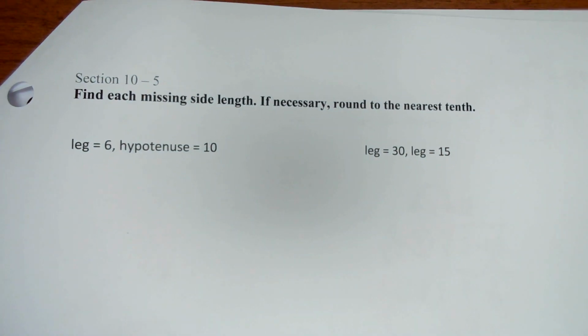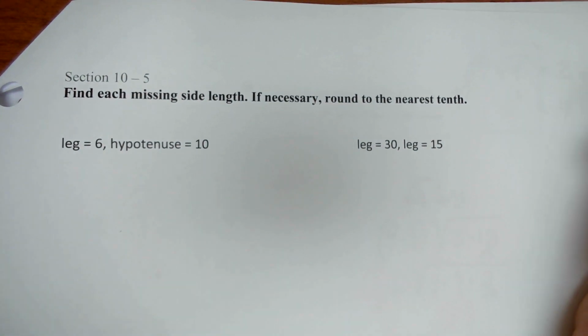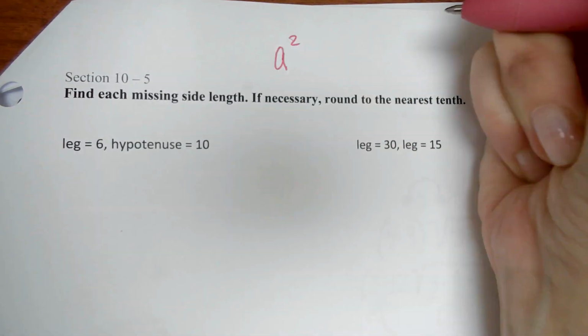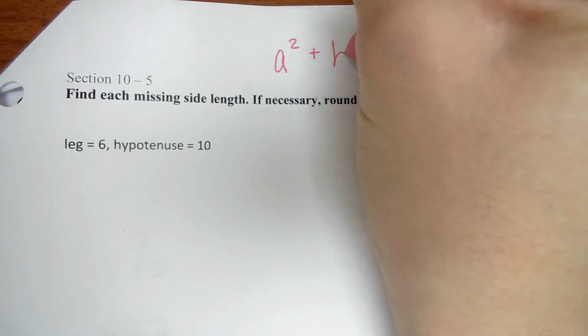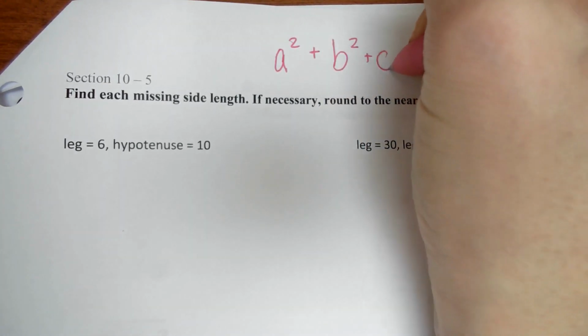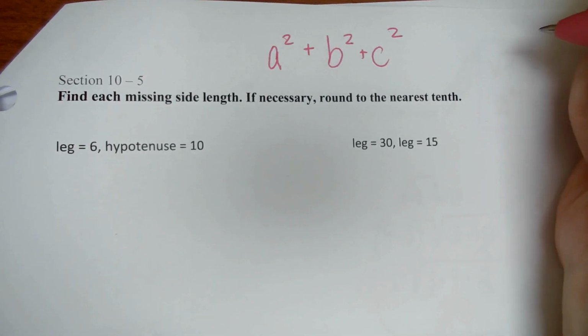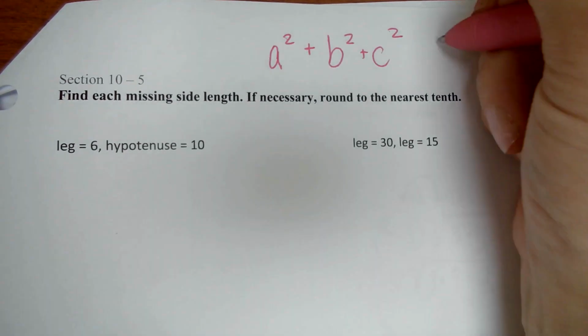We're almost done. We're going to cover one last topic, and that is Pythagorean theorem. Now, Pythagorean theorem, the meat and potatoes of that theory states that for a right triangle, a squared plus b squared equals c squared, which could be used to find the missing, or any missing side length.